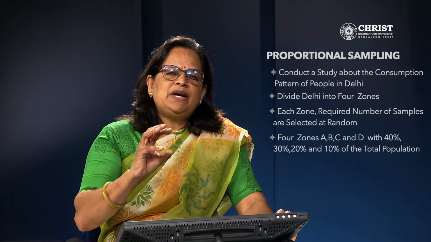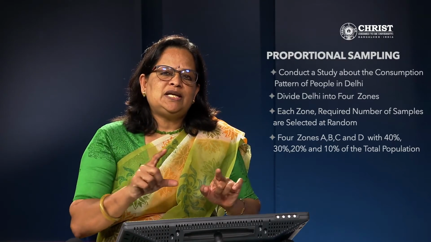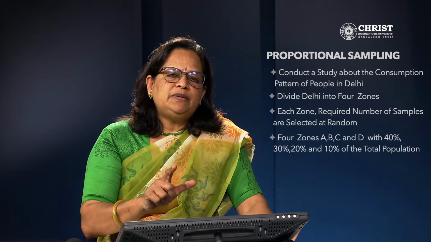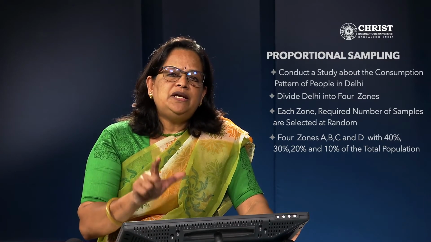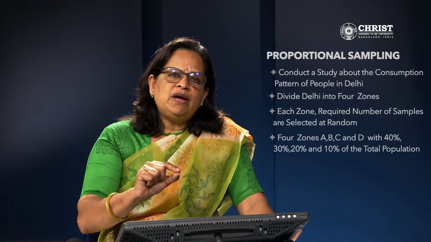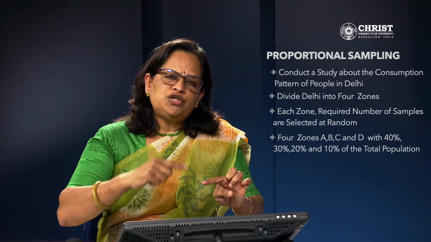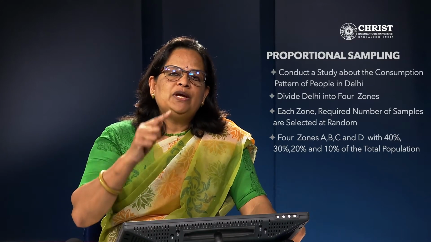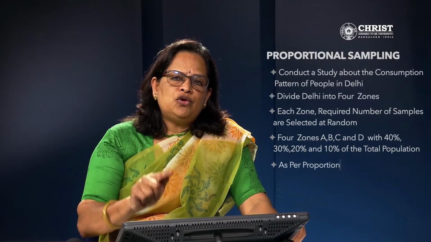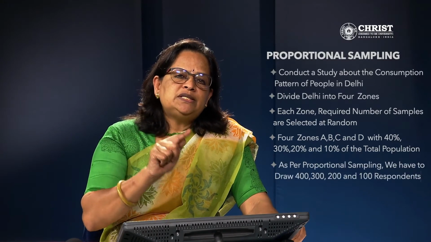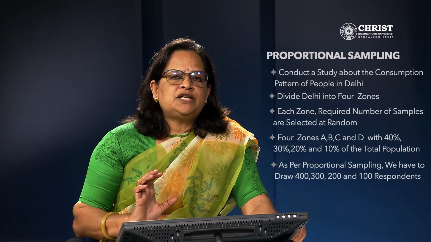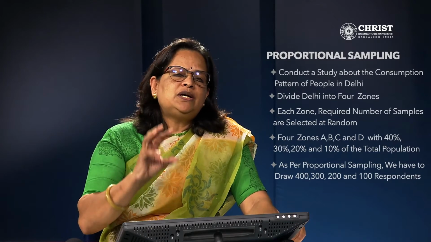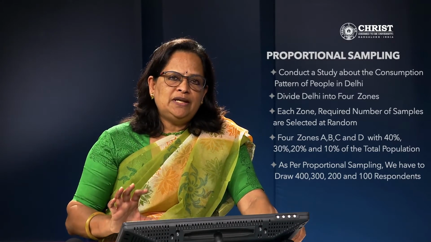Imagine the population structure is like this: A has 40% of the population, B 30%, C 20% and D 10%. If I am using proportional sampling, I want the population to be represented in the study. So we will have A 400, B 300, C 200 and D 100 respondents. So the population is represented, and my strata or type is also represented in the study.